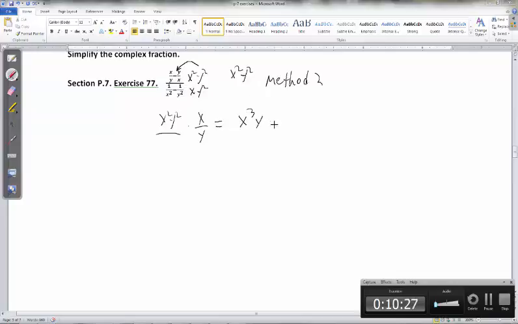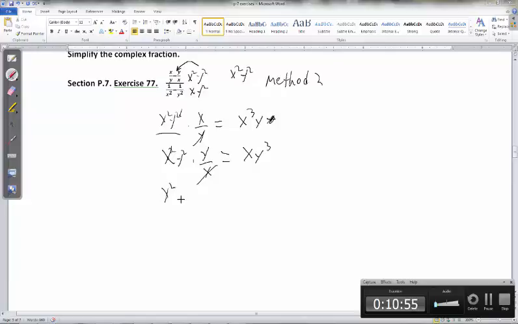X squared y squared times that second one there, one of the x's will cancel out. Oh, sorry. X squared y squared plus y times y over x. So that'll be xy cubed.